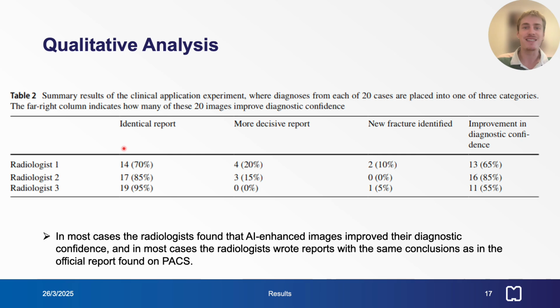And in most cases, the radiologists wrote reports with the same conclusions as found in the official report on PACS. And in some cases, the report was more decisive about fractures that were suspected in the original reports. And in a small number of cases, a new fracture was identified, which was not noted in the original diagnostic report.